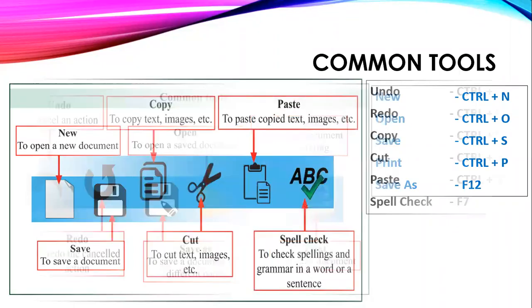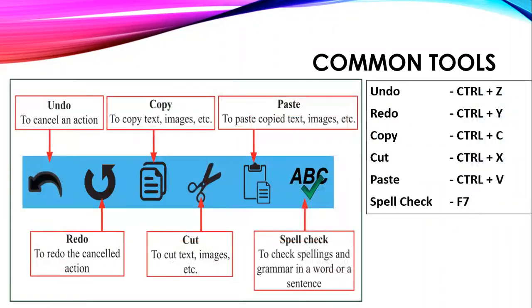Right, next one is some other common tool. If you have done something wrong, you may be able to reverse it. You have to go back to the previous step. There we are using a command called undo.